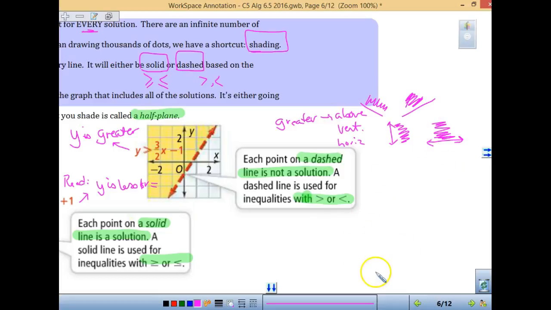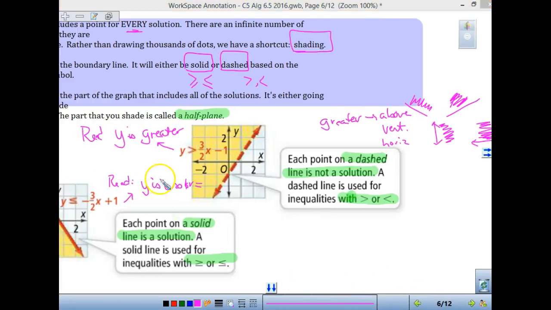We're going to be talking about test points. Whereas, if I am looking at this one and we read this as y is less than or equal, when I think of the less, it is going to be below my line, right? So if I have a negative slope, I'd graph it, shade down here. If it's a positive slope, I'm still going to shade below that line, right? How about if it is vertical?